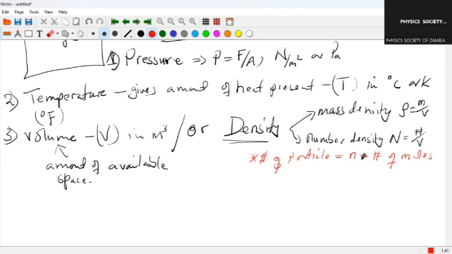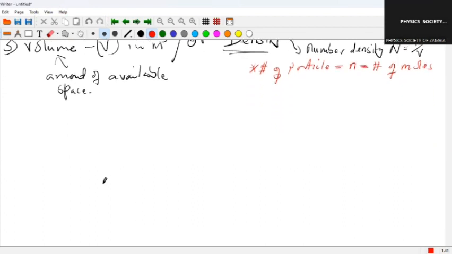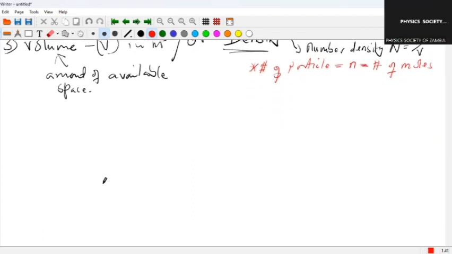So instead of just mentioning the number of particles, we like to express it in terms of the number of moles present in the substance. These are the three important variables that will express the state of a system. Once we have these variables, we are able to tell in what state is the system.